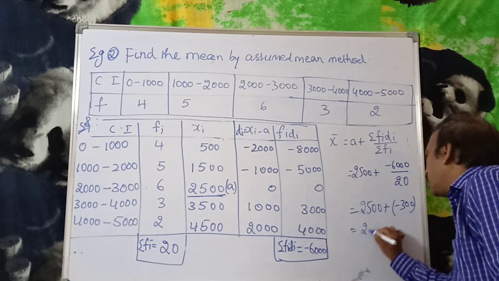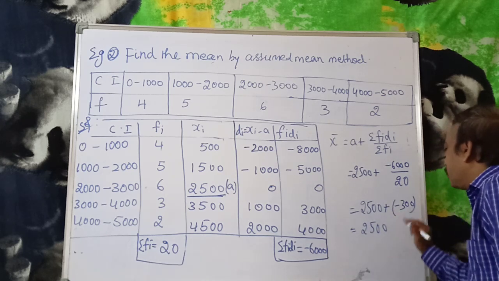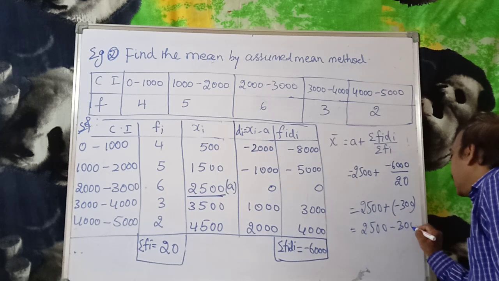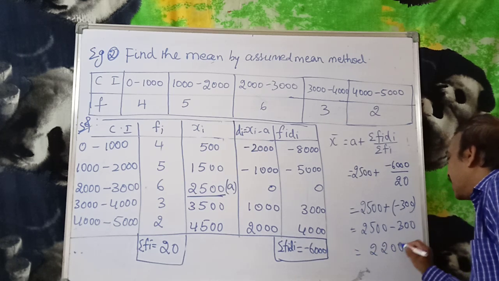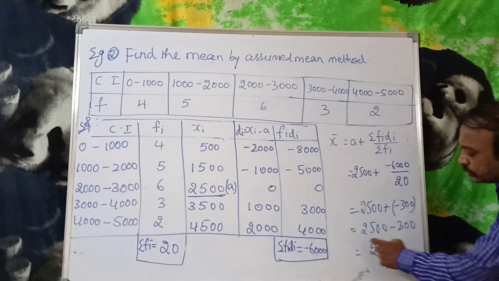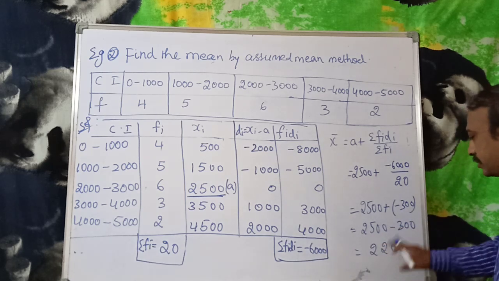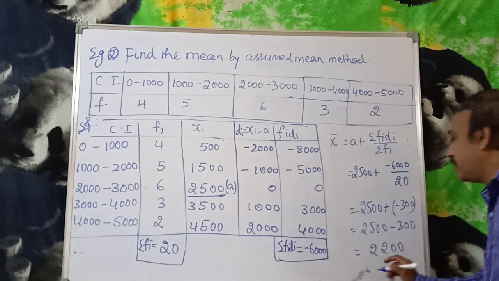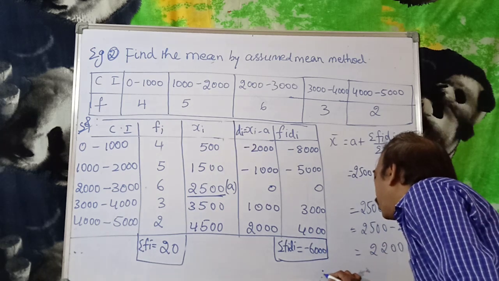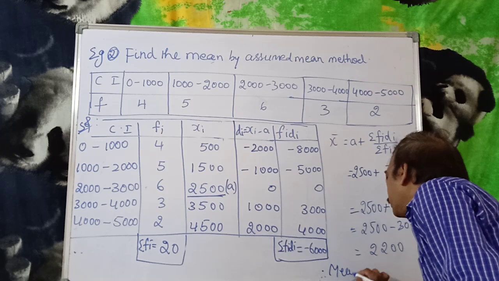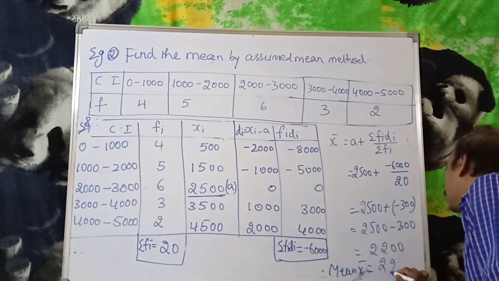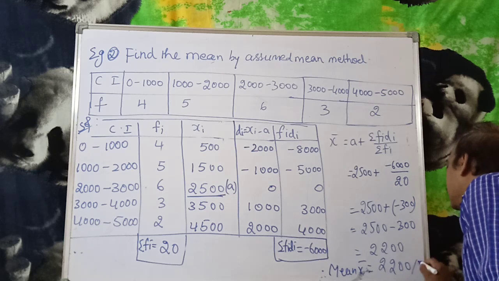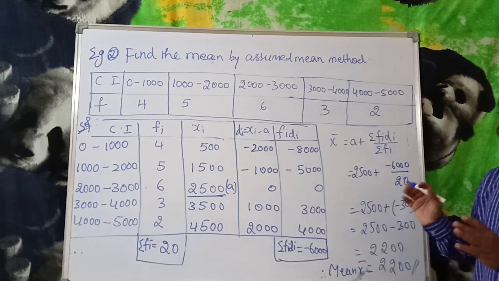Next, 2500 plus into minus 300 will give you 2200. 300 you are subtracting. Therefore the mean, x bar, is equal to 2200. This is the mean by the assumed mean method.